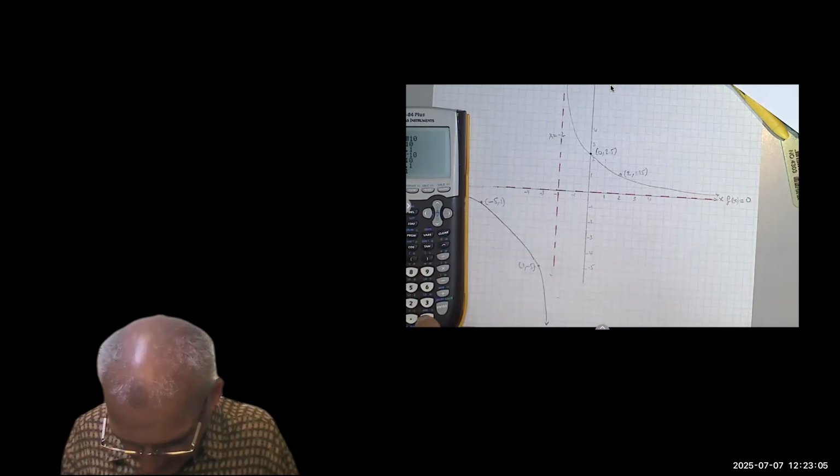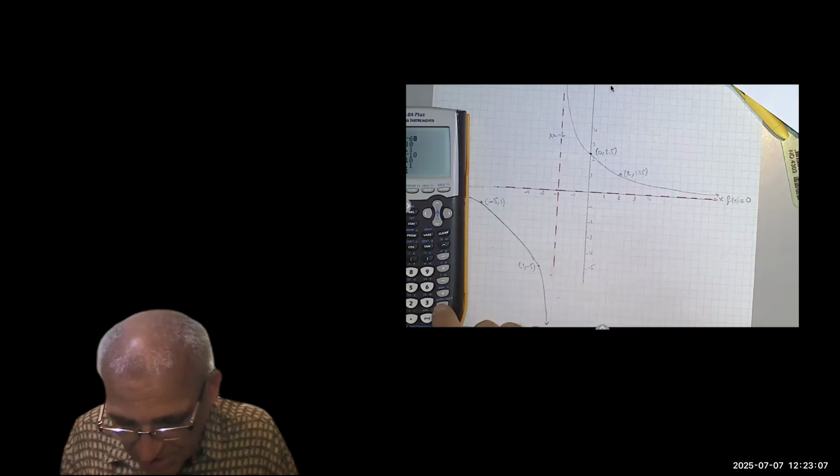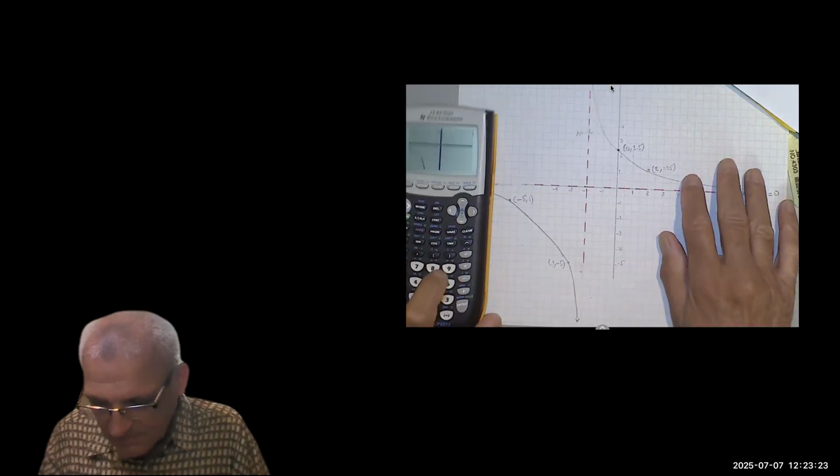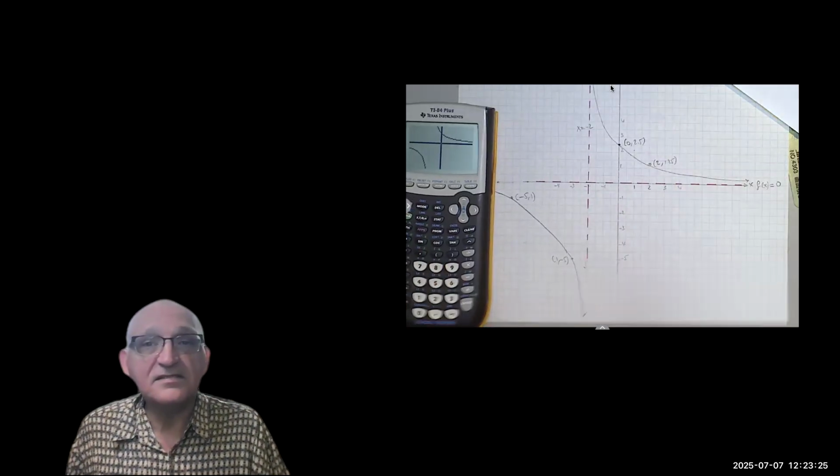So let's do the -10 to 10. Oh, we can do it, well, to enlarge it a little bit, let's say from -6, and anything higher than 3, let's say 4. Let's see how it looks like. Excellent.